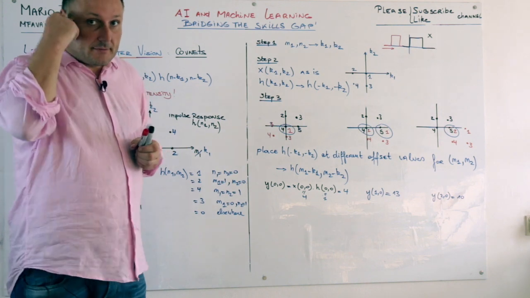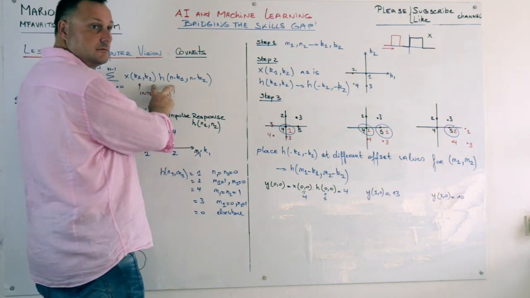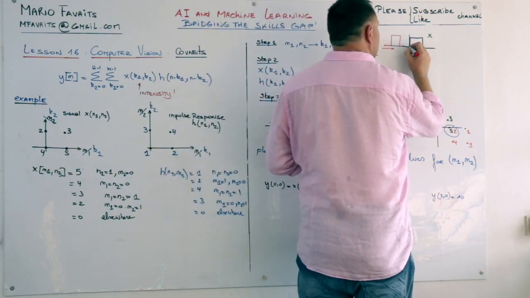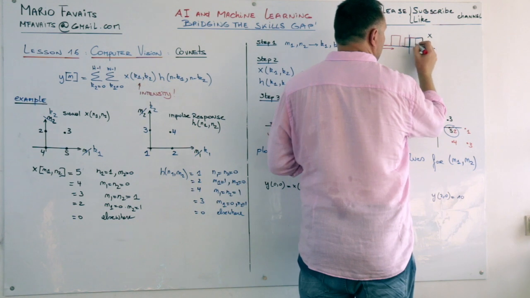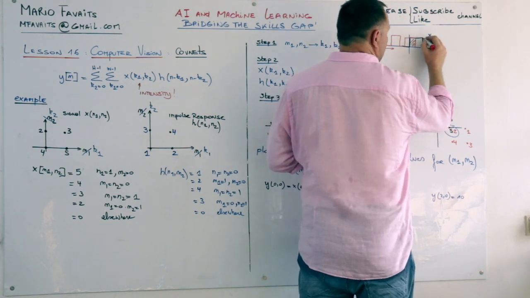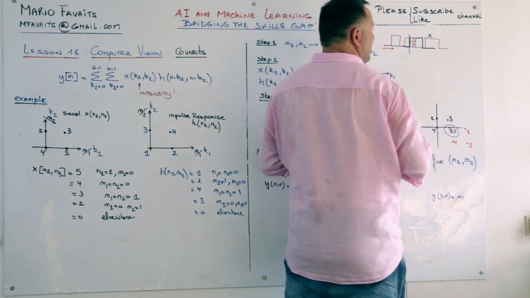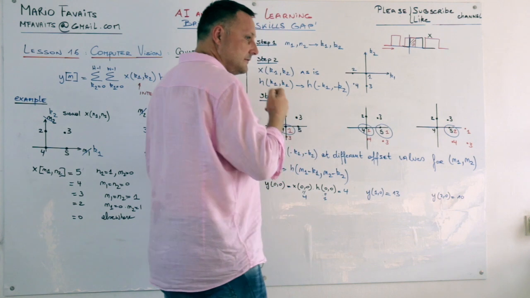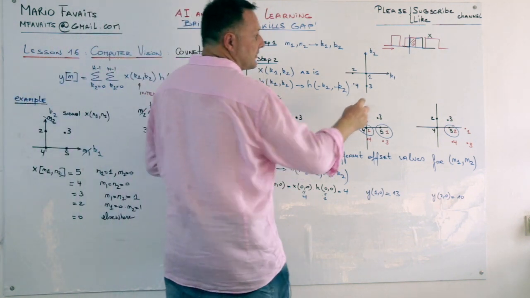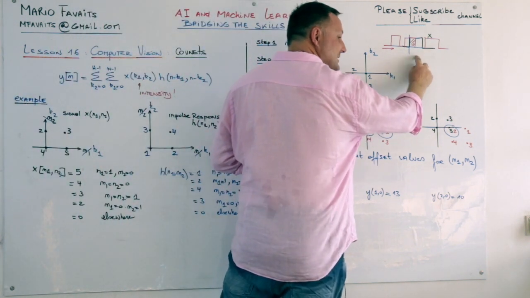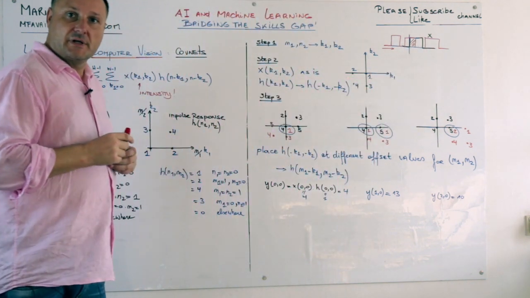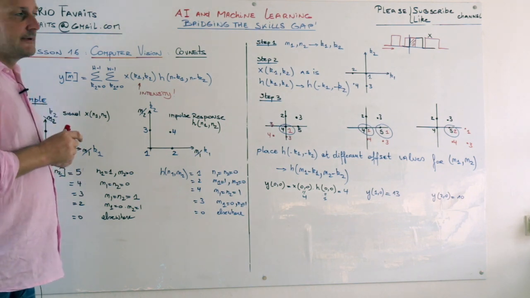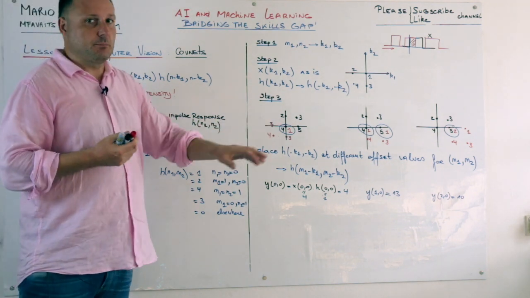When there is no overlap, this will be 0. At some point you will start to have overlap, and you will have overlap until you move it here, when there is no more overlap. So here as well the convolution will be 0. In between, your convolution signal will increase the more overlap there is. So it's visually a little bit easier to grasp than when we just look at points.